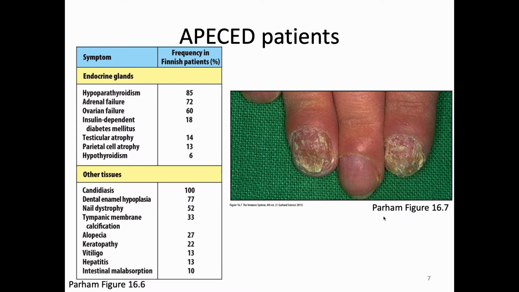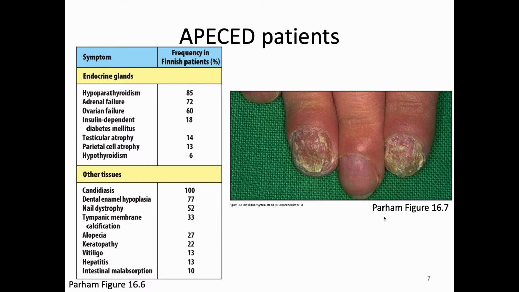And so here you can see a cohort of patients with APECED. You can see what percent of the patients have each of these different types of autoimmune symptoms. So you can see that 85% have hypoparathyroidism, 72% have adrenal failure, 60% of the women have ovarian failure, 11% have diabetes, 14% of the men have testicular atrophy.